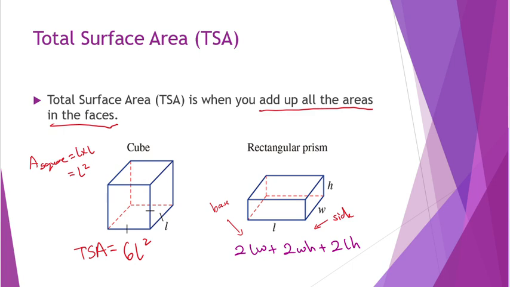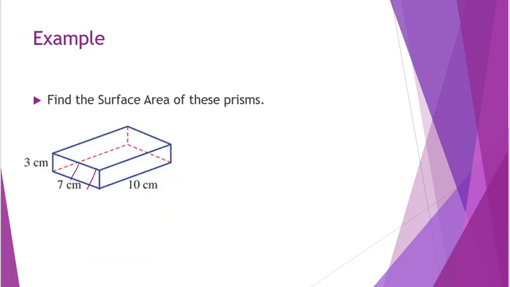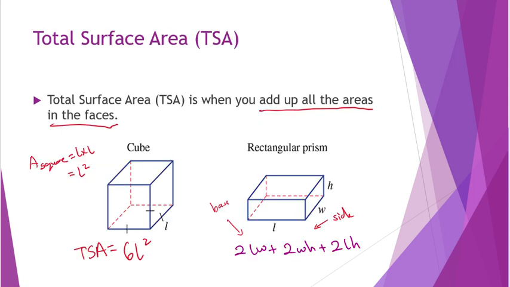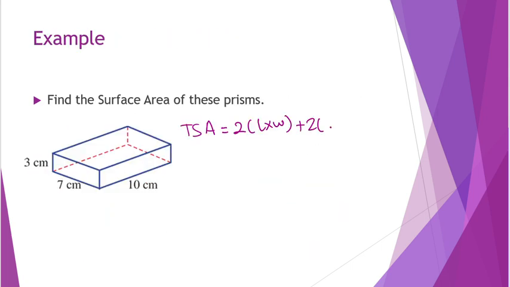Because we know this is a rectangular prism, we can just use our formula of TSA equals 2 length times width plus 2 width times height plus 2 length times height.